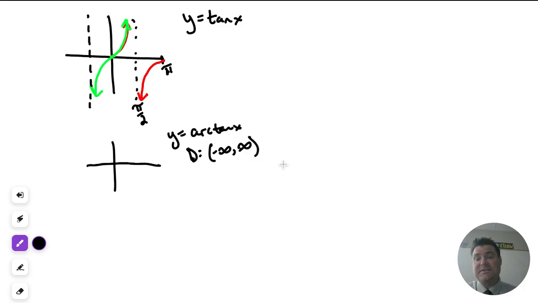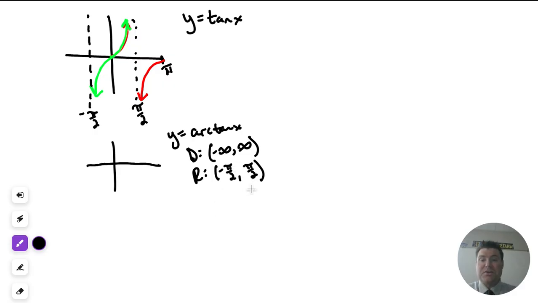There should be parentheses. All right. What is the domain of green over here? Negative pi over 2 to pi over 2. Yeah, so you can't touch negative pi over 2, right? So from negative pi over 2 to pi over 2.